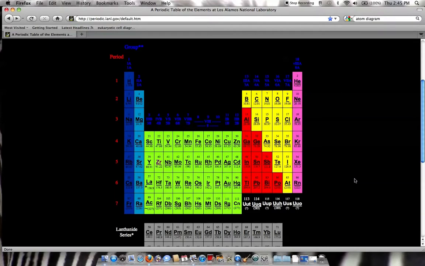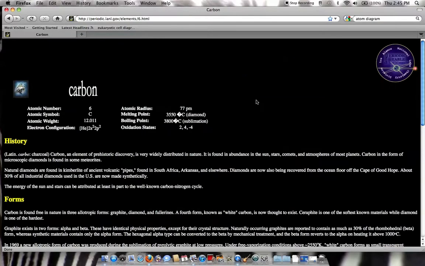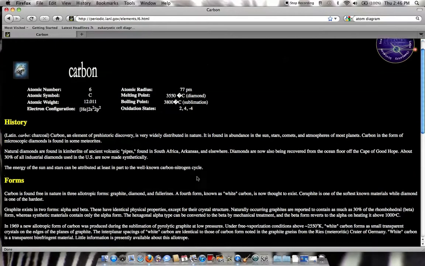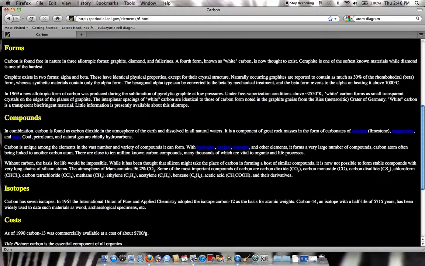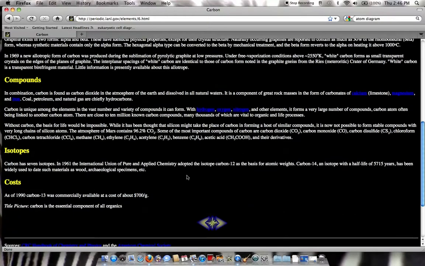For instance, if we click on carbon, it will give us all sorts of neat information about carbon. It gives us the atomic number, the chemical symbol, and all sorts of things about carbon. I just found this very interesting. It even talks about isotopes.